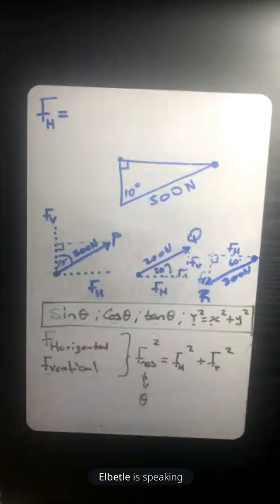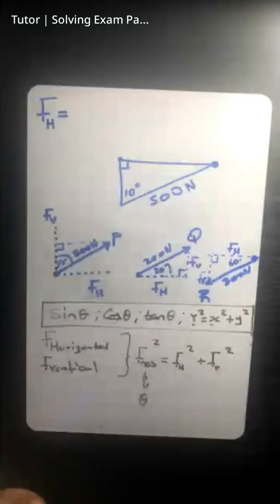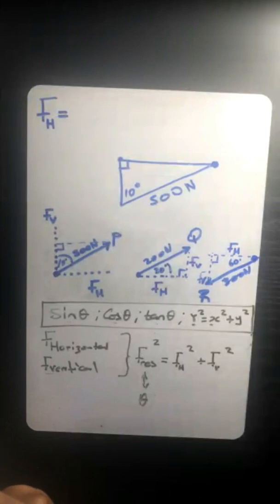Wait, which side? The hypotenuse? The horizontal force component. So that means we've got two sides, the vertical and the horizontal.